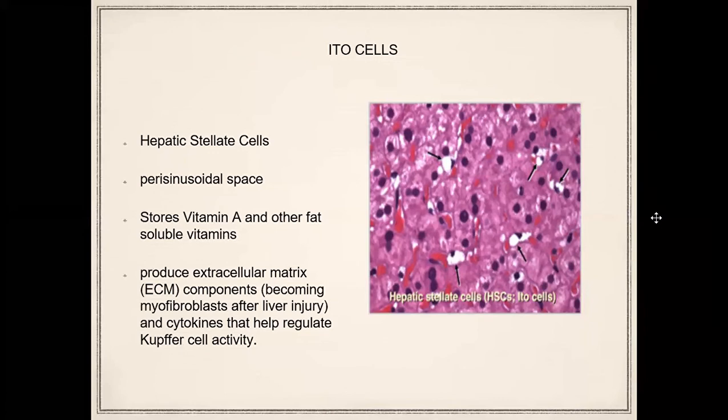So this is important in regeneration. They also produce cytokines that help regulate Kupffer cell activity. So take note of the Ito cells and the Kupffer cells.